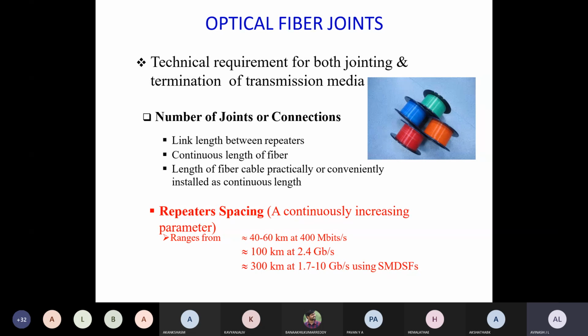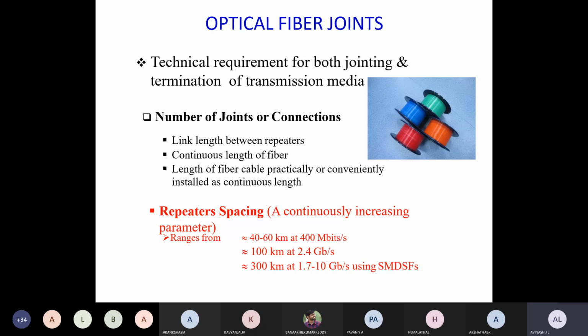In the other way, if you are trying to understand: if we are sending the signal at 400 megabits per second, we require a repeater spacing of 40 to 60 kilometers. If we are sending the signal at 2.4 GB per second, we require a spacing of 100 kilometers.